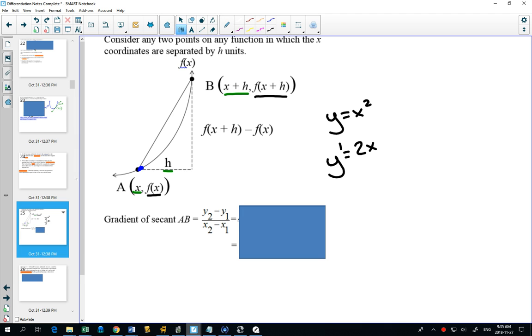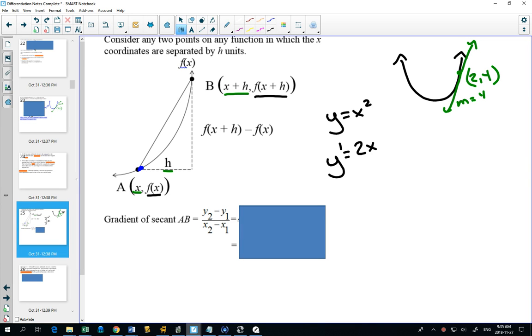And what this derivative function says, here's my x squared graph. If I took a point like 2, 4, and I drew a tangent on there, if I look at my derivative, y prime equals 2x. When x is 2, what's 2 times 2? The slope of this line would be 4.